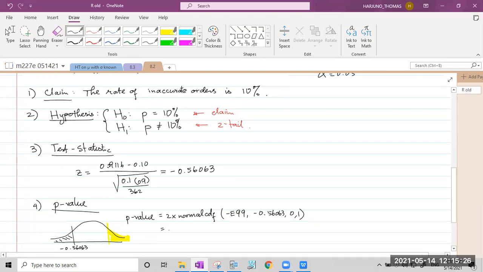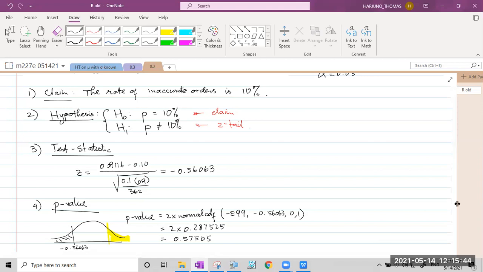I get 2 times 0.28755. When I multiply by 2, I get 0.57505.